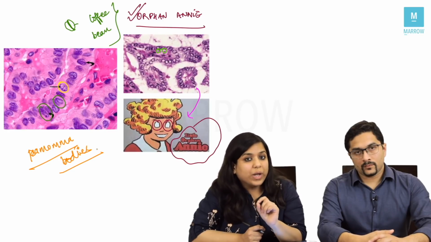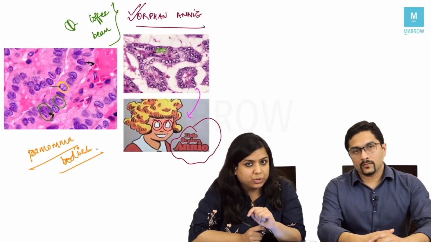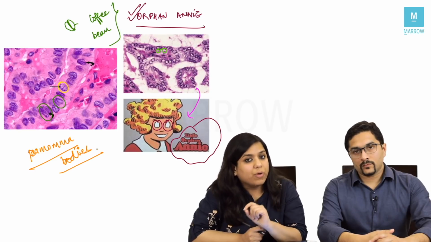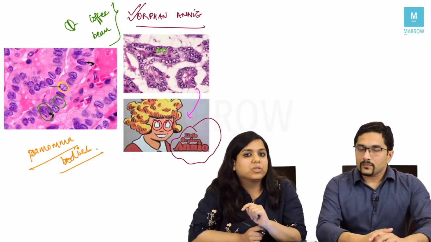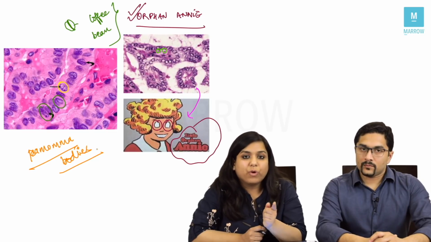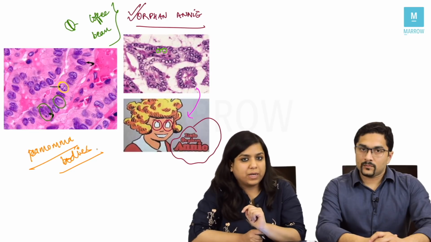That is why there is a variant of papillary carcinoma which is called the follicular variant of papillary carcinoma. In that, although the cells are arranged in follicles, the nuclear features are those of papillary cancer. That is why we make a diagnosis of follicular variant of papillary cancer and not follicular carcinoma of thyroid, correct?